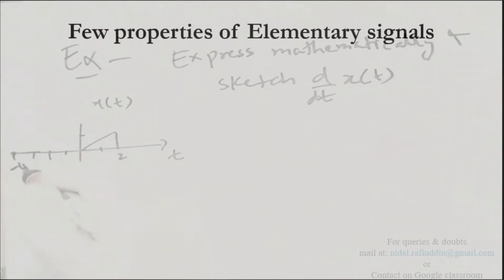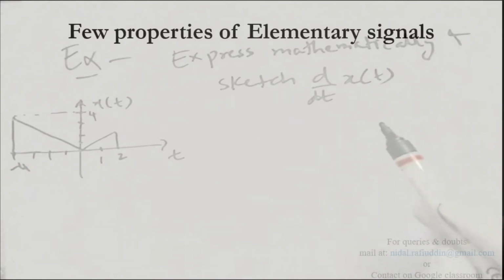So at -4 we have a magnitude 3, 4. So this is 1 here, 2, 3, 4. So this is the waveform for x(t), and we are required to find its mathematical expression first, and then we'll be sketching the waveform for d by dt, or the derivative, of this waveform.